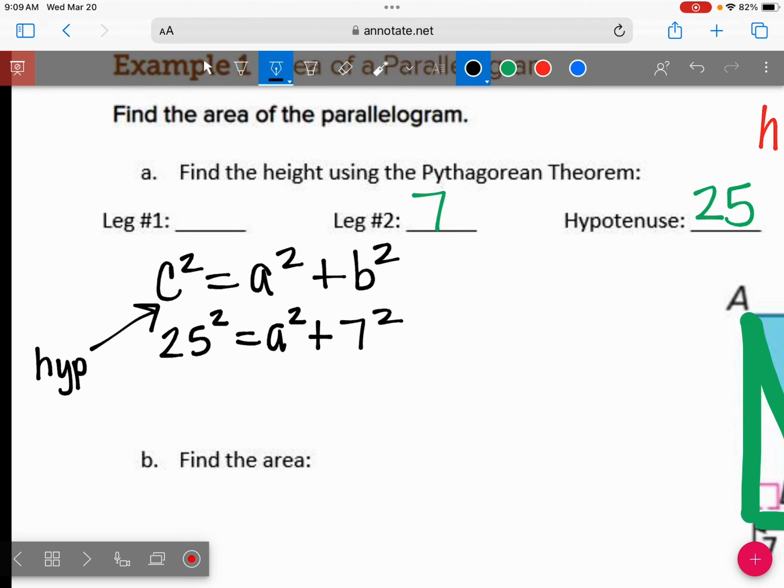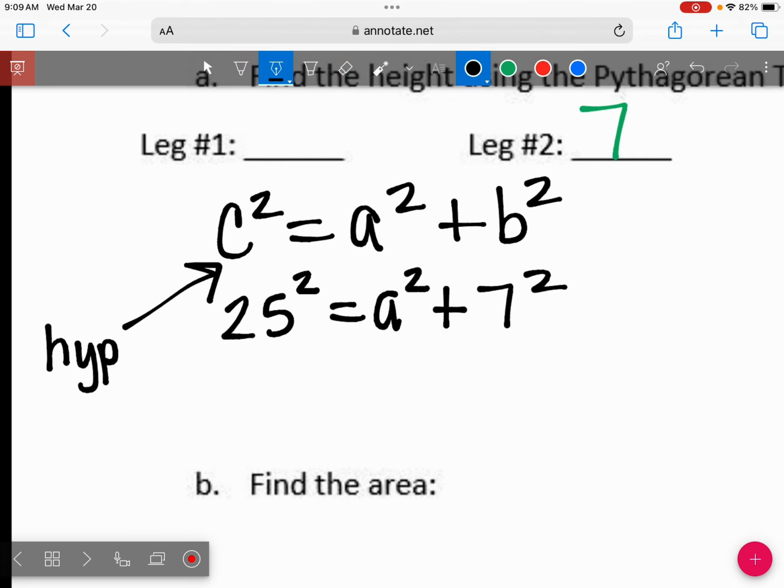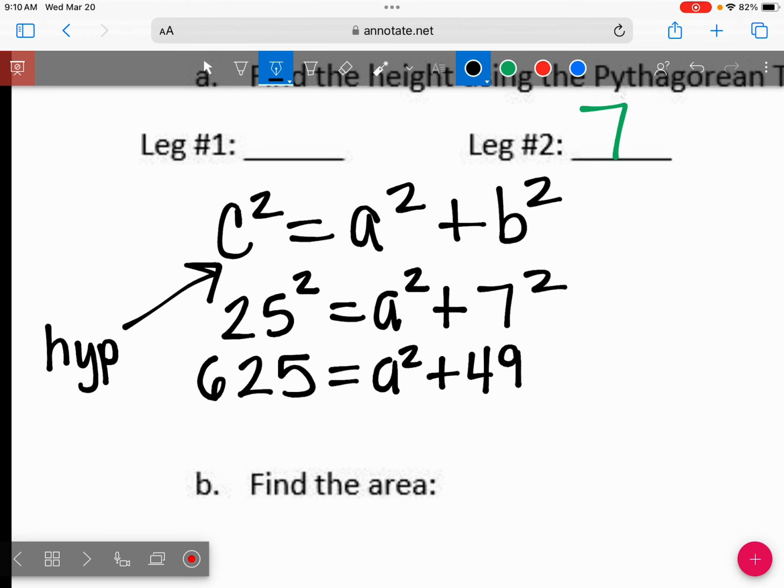So pick up your calculator. Figure out what is 25 times 25. What is 25 squared? So 25 times 25 is 625. That equals a squared plus, what's 7 times 7 or 7 squared? 49.